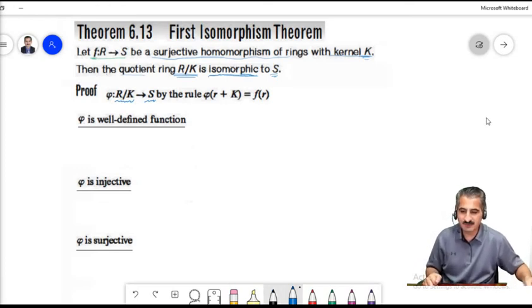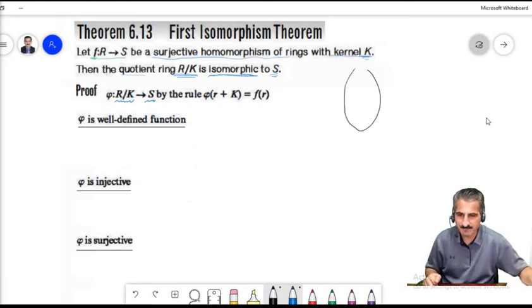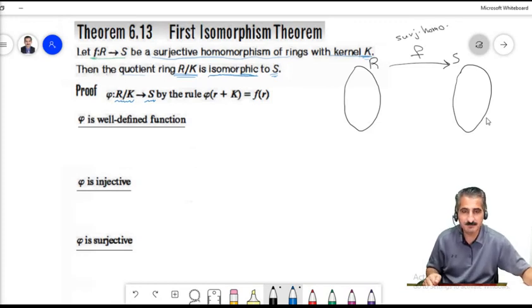So let me represent that in some graph what is happening here. So let's assume this is the ring R. And this is the ring S. And we have F, which is a surjective homomorphism. Okay.